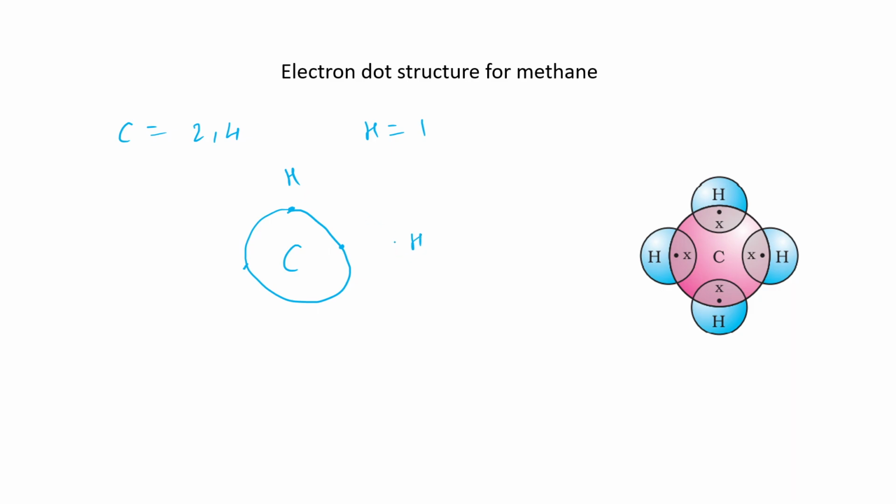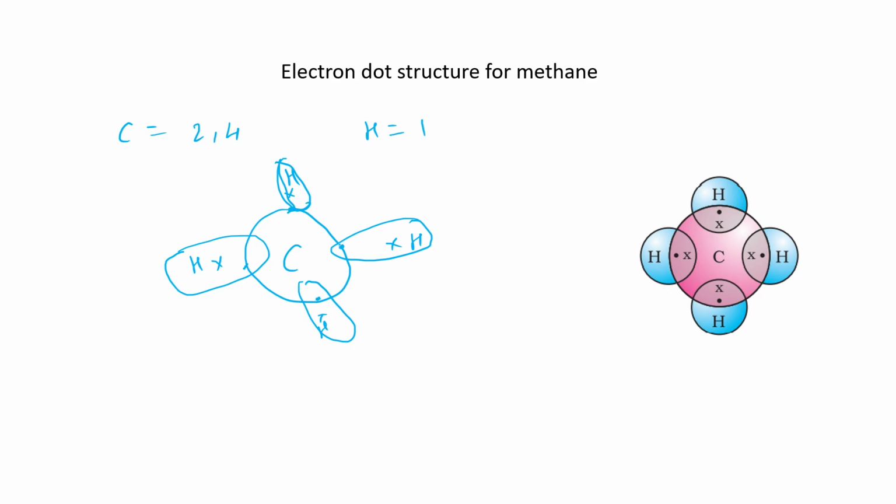Each of the hydrogens will have 1 valence electron, and they will share their electron. Hydrogen needs just 1 electron to complete its shell, so it will be like this. This hydrogen will be like this, and this hydrogen too, and in this way they will complete their shells.